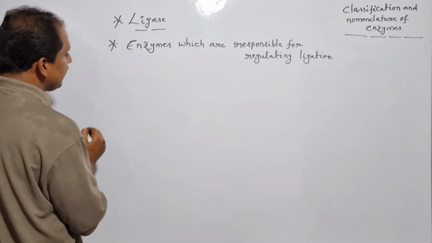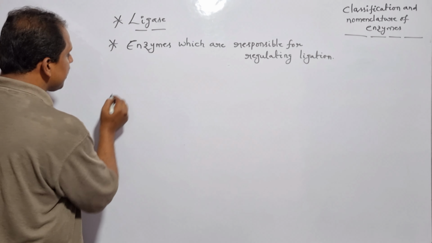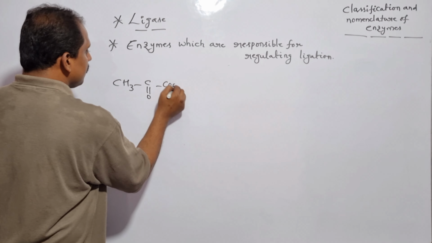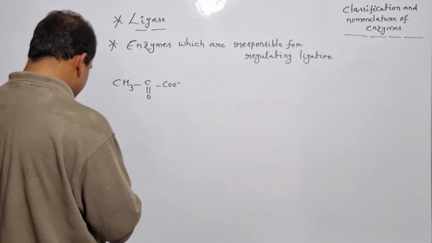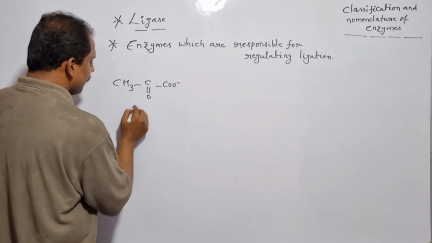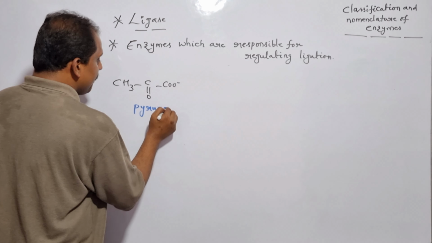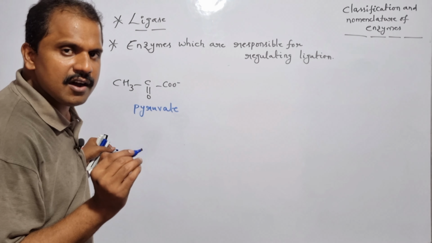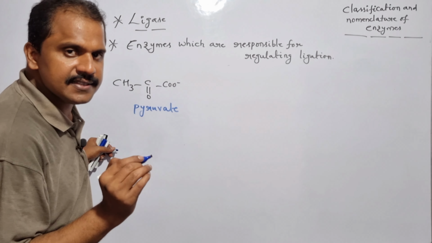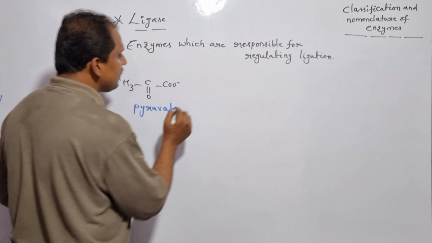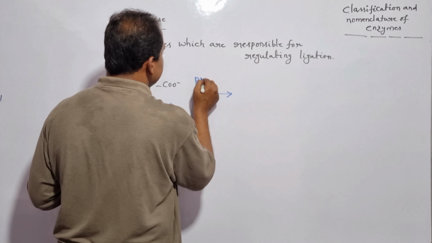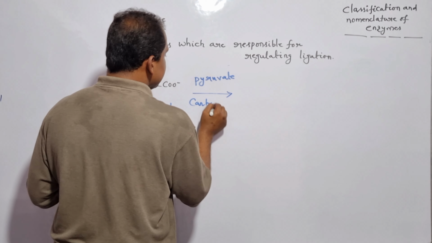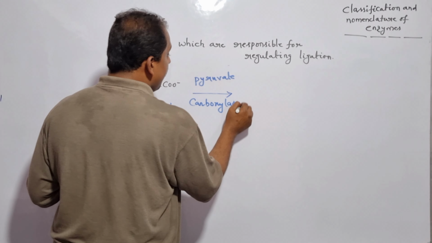If we consider again the pyruvate, which is a 3-carbon compound, in the presence of an enzyme termed pyruvate carboxylase, a specific ligase enzyme, pyruvate successfully turns into oxaloacetate.